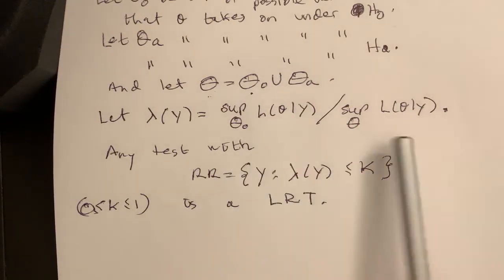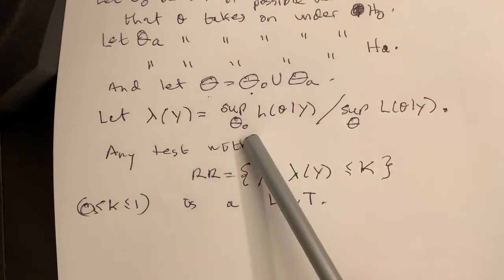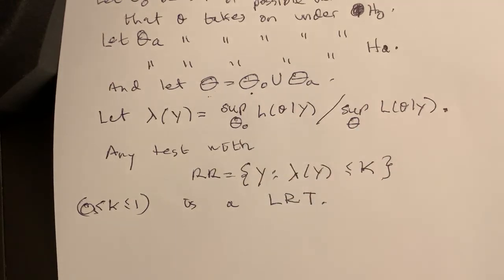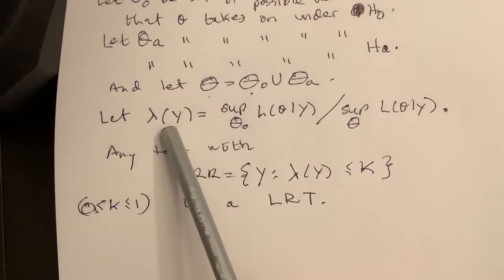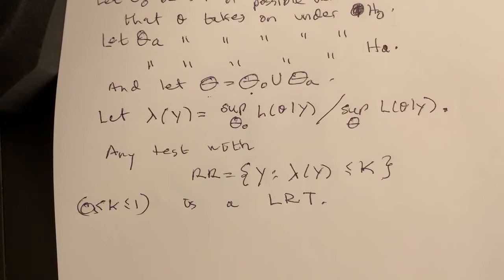This is a very general test. I don't need to be concerned with even knowing how to graph the PDFs, for example. Maybe finding the sups could be tricky, it might involve calculus, but this is the definition.